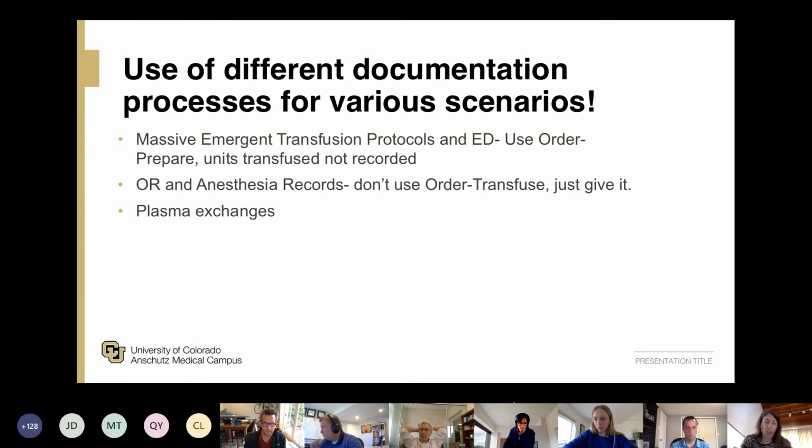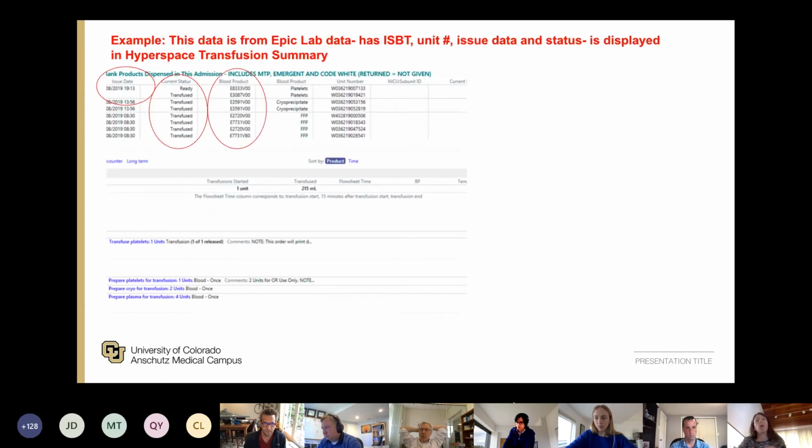And then plasma exchanges were a whole other thing, often done in a different setting and with different documentation. So one of the things that was key was that we really had to look at this. I felt like we were triangulating different sources of data. We're looking at Clarity, trying to figure out where data is.